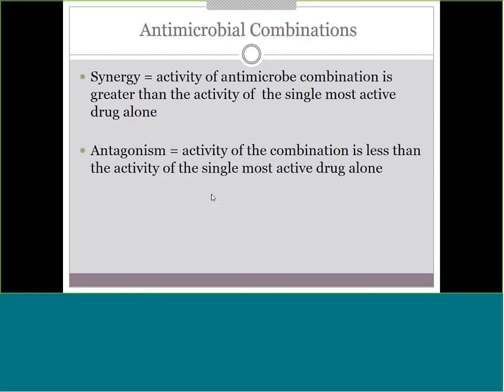That's why sometimes you get those combo antibiotics given to you. In combination, they'll work even more efficiently than if you were to just get the one on its own. That's synergy. Antagonism basically means that the drug works best on its own, so putting them together wouldn't be as effective as just giving the one.